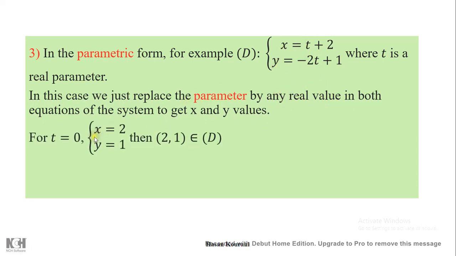If we let t equal 0, in this example, then x will be 2 and y will be 1, and this is a point that belongs to D. We need another point, and we can get it by replacing t by another value. Let's say t equals 1. For t equals 1 here, x will be 3 and y will be -1, and these are 2 points.